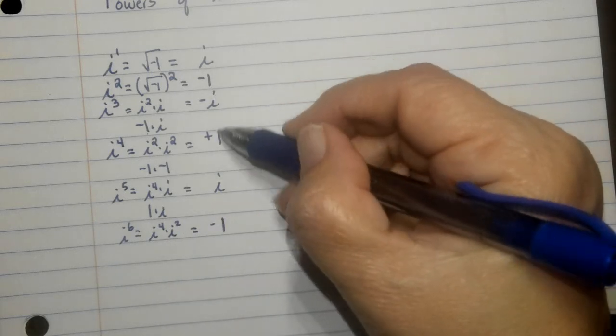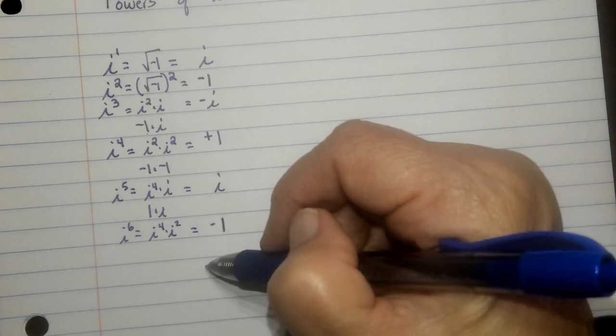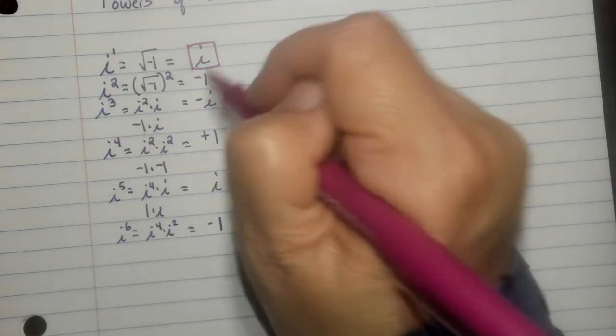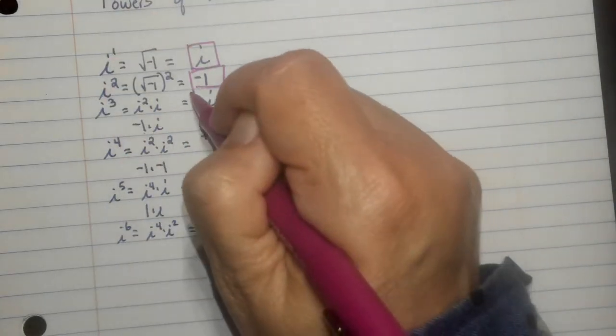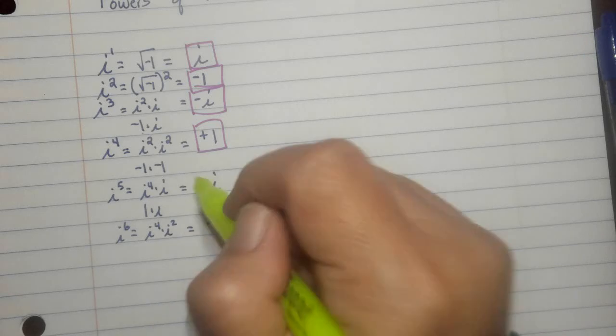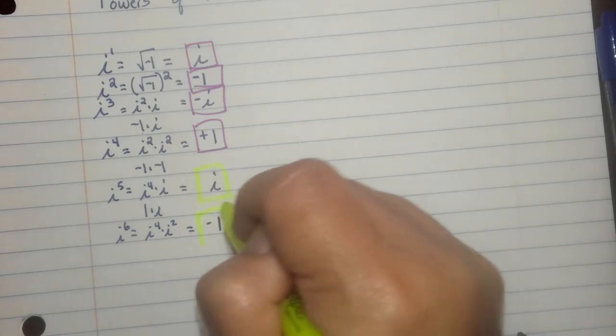Do you see this pattern? Right? Got I, -1, -I, +1. Then what do I have? I, -1.